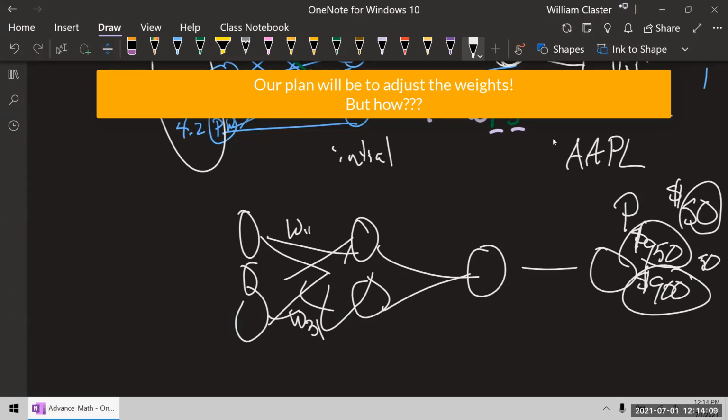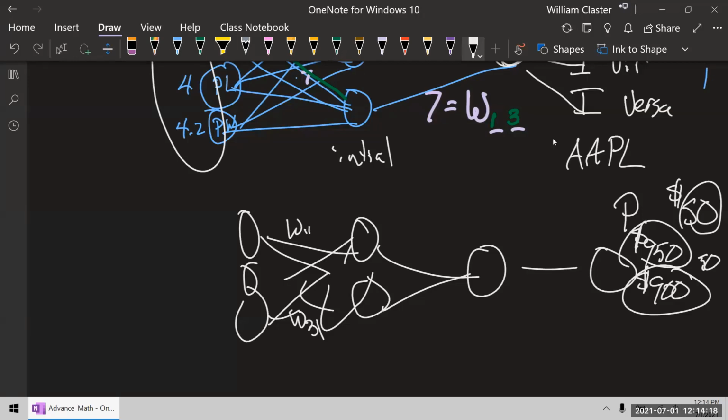We try to figure out how we can change the weights so that our prediction would have been not 950, but 900. So we might change this one by a little bit and this one by a little bit and change all of them by a little bit, and then maybe it will predict 900. The question is, how do we figure out how to change these so that it would have predicted 900?